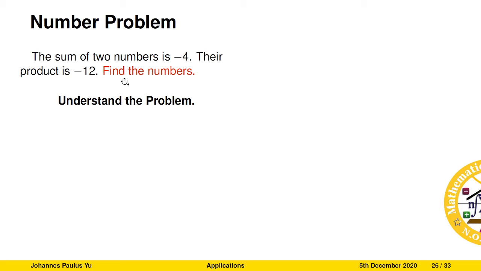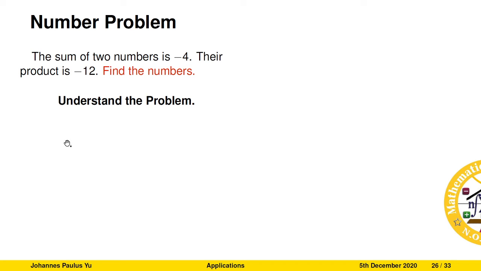So our focus is to find the numbers. And what are these numbers? It is stated in the first sentence that there are two numbers. The result is negative when we add. Likewise, when we multiply, the result is still negative. So the trivial part is what are these two numbers?